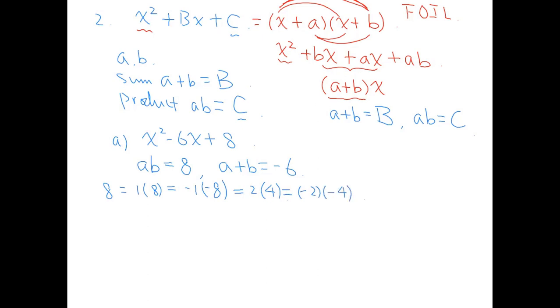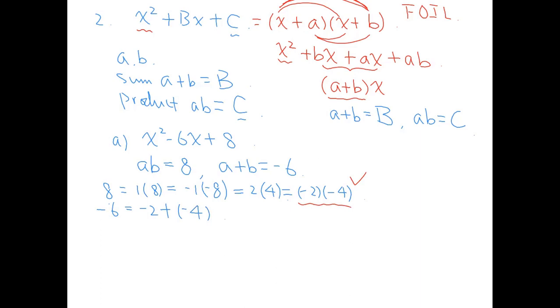And if we want to get two numbers whose sum is -6, obviously this one works, right? -2 and -4 works. This is the right one because the sum is -6, because you have -6 equals -2 plus -4.